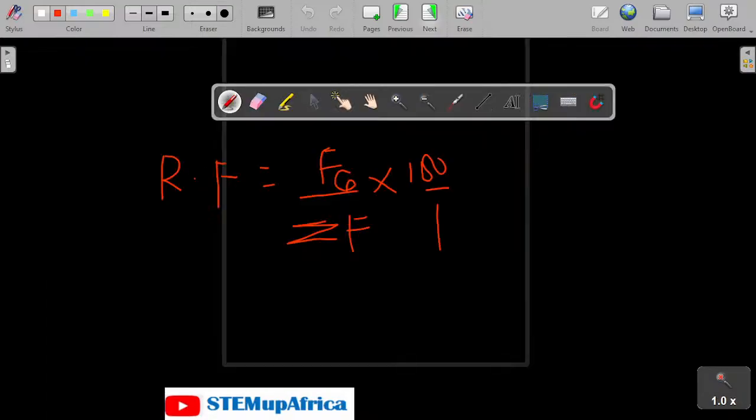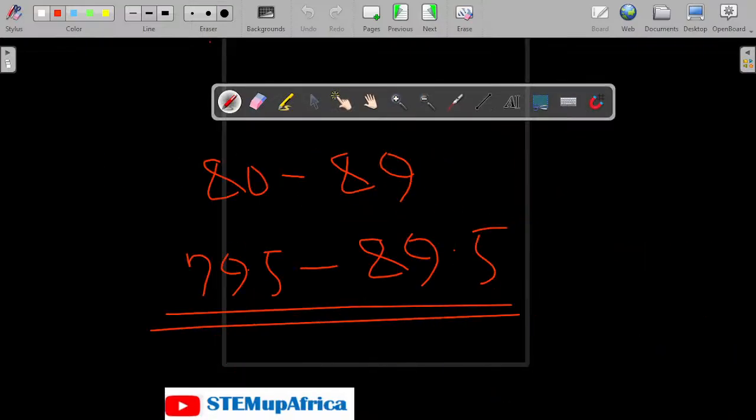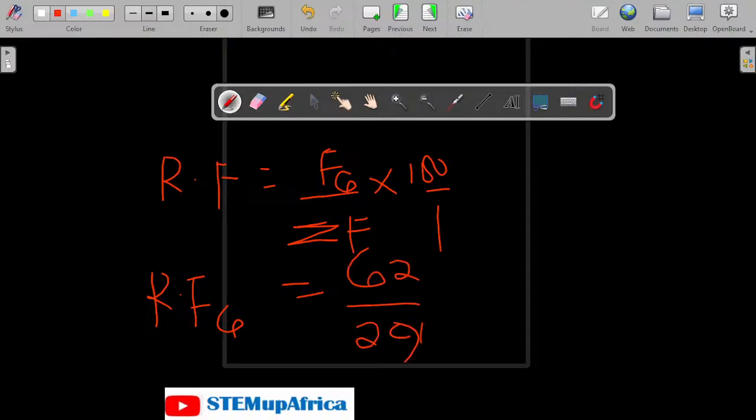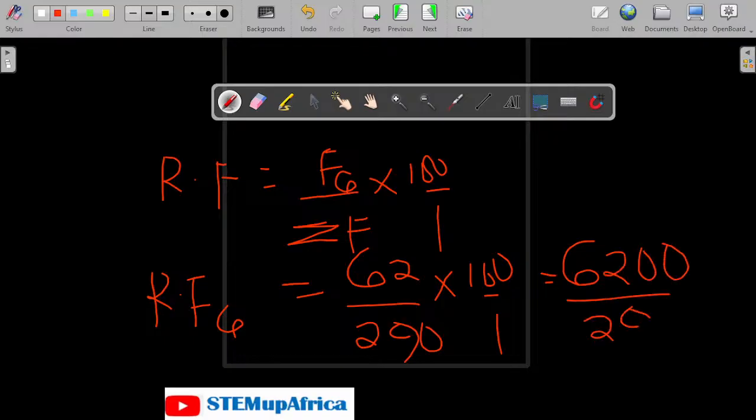So the relative frequency of the 6th class is now 62 over 290 times 100 over 1. If I multiply, I'm going to have 6200 divided by 290.